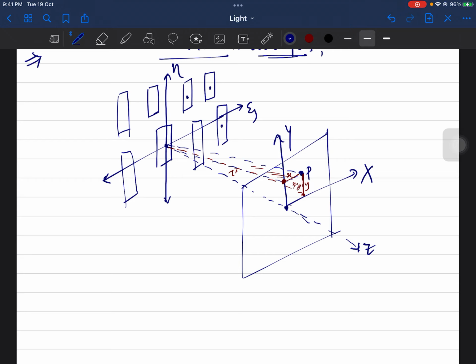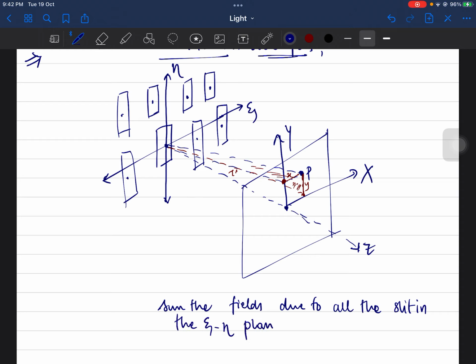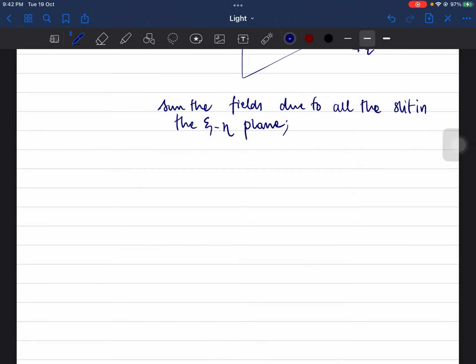What basically we need to do is sum the fields due to all the slits in the xi eta plane, right?